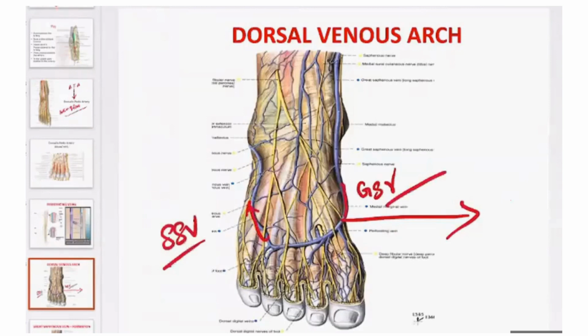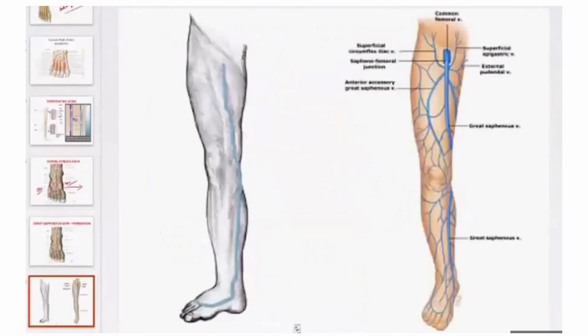We already know great saphenous vein drains into the longer vein. What is this opening called? Saphenous opening. Into which vein? Femoral vein, that drains into femoral vein.